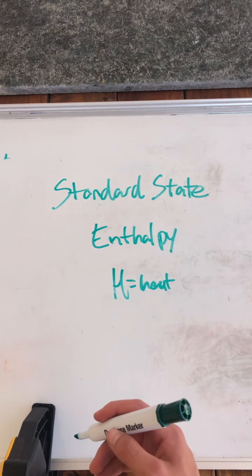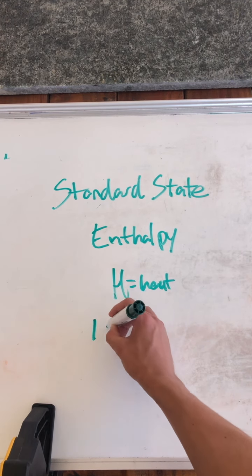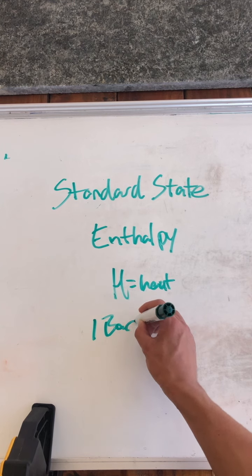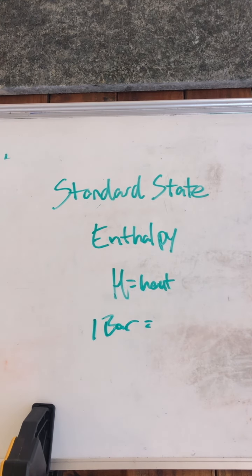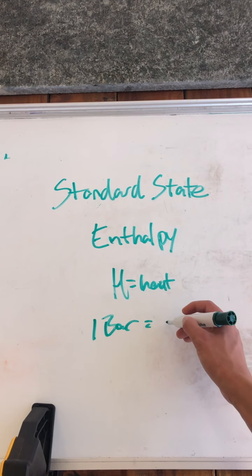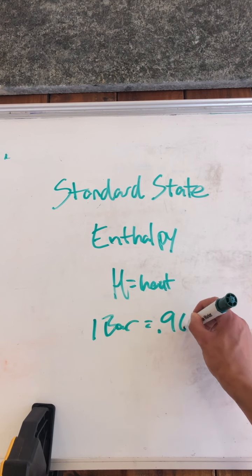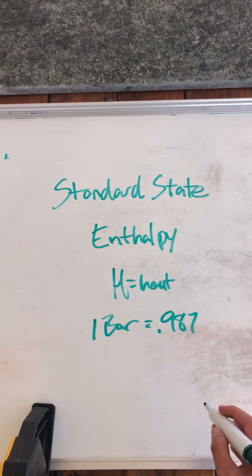One is going to be the pressure. All right, we want a pressure of 1 bar for the standard state. All right, and that pressure is going to be around 0.987 atmospheres.